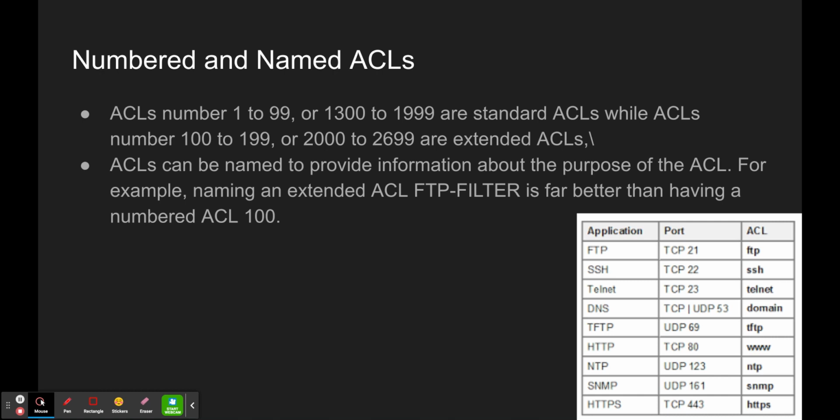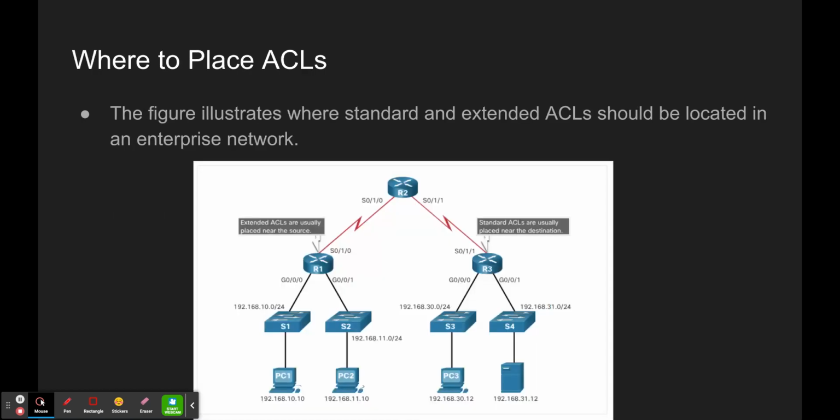ACLs can be named to provide information about the purpose of the ACL. For example, naming an extended ACL FTP filter is far better than having a numbered ACL 100. Where to place ACLs. The figure illustrates where standard and extended ACLs should be located in an enterprise network.